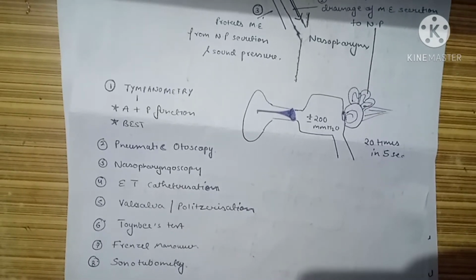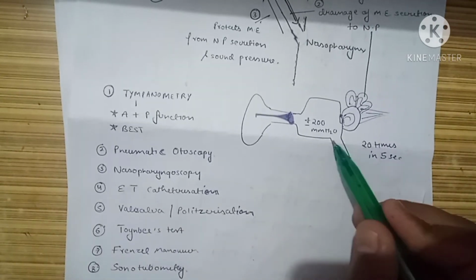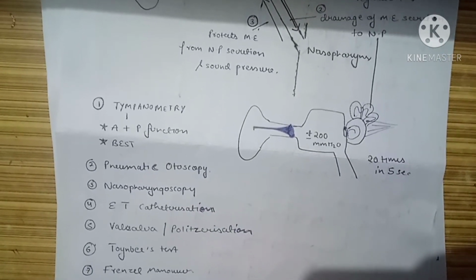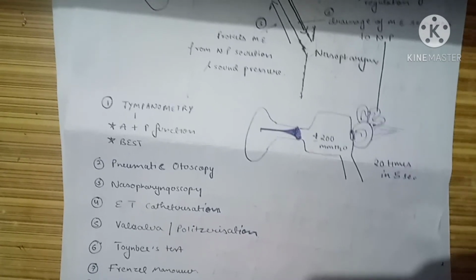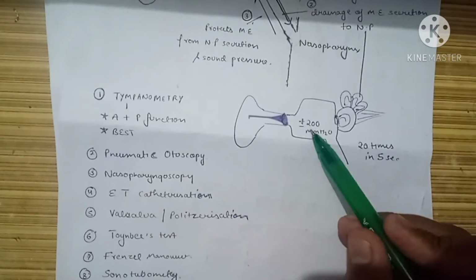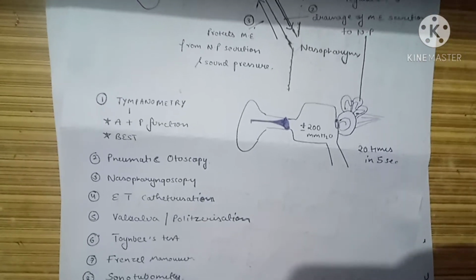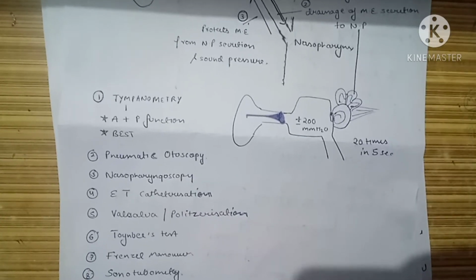And now to check patency of the Eustachian tube, we ask the patient to swallow 20 times in 5 seconds. Now if the person swallows 20 times in 5 seconds and the pressure within the middle ear equalizes to normal, meaning plus minus 50 millimeter of water, we say that the Eustachian tube is functioning.